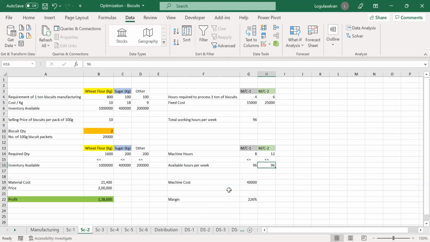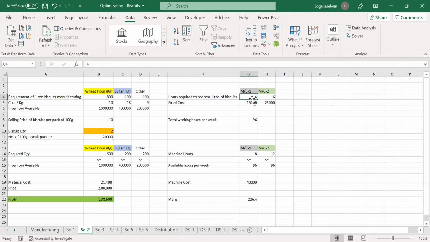So now what we are going to calculate is the profit. We want to maximize the profit considering one more constraint, which is the machine hours, and the machine hours are restricted by the 96 hours constraint in a week. Now the profit calculation will also get affected because there is a fixed cost.